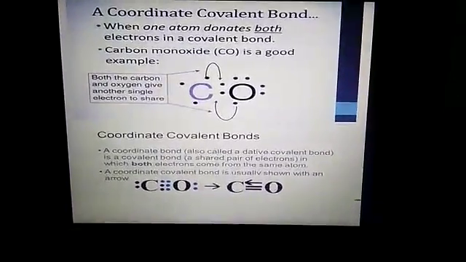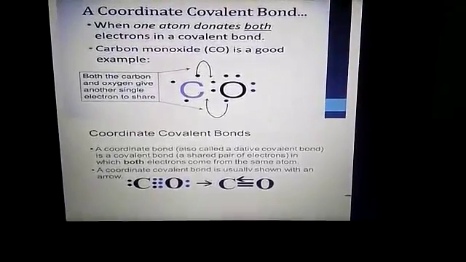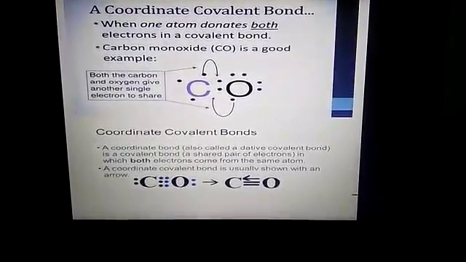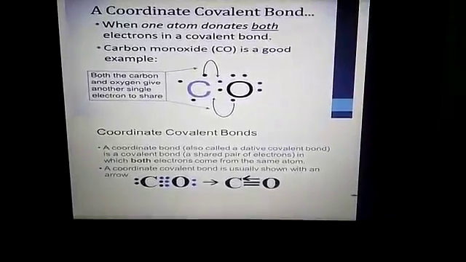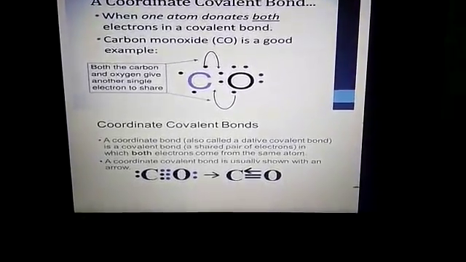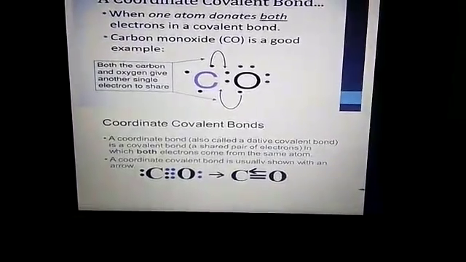This coordinate covalent bond, also called a dative covalent bond, is a shared pair of electrons in which both electrons come from the same atom. A coordinate covalent bond is usually shown with an arrow.